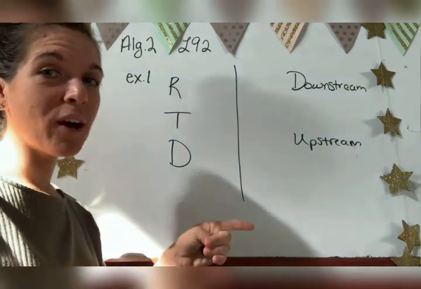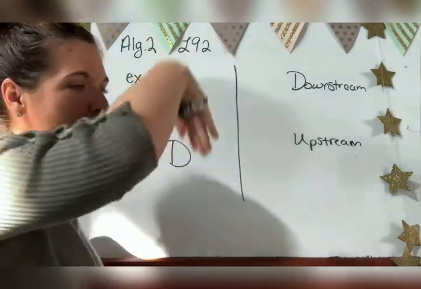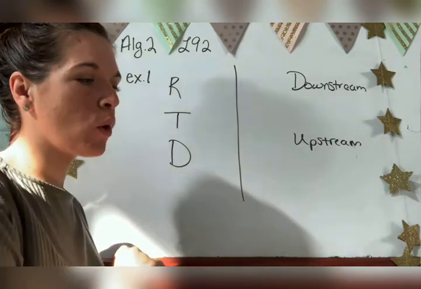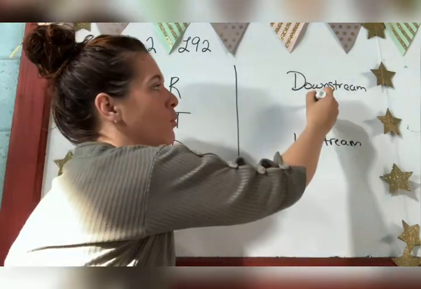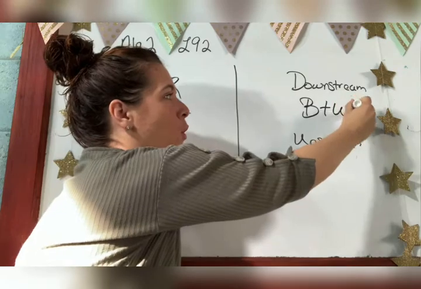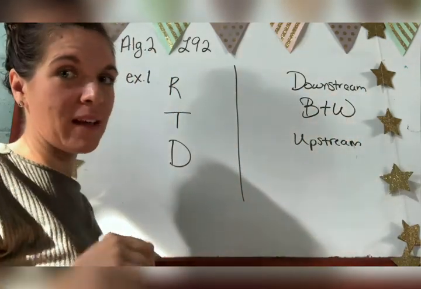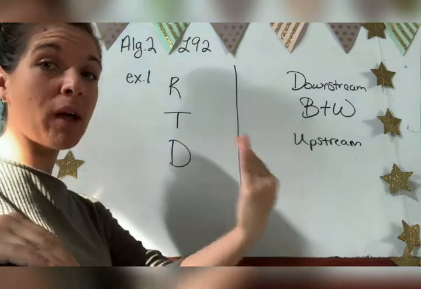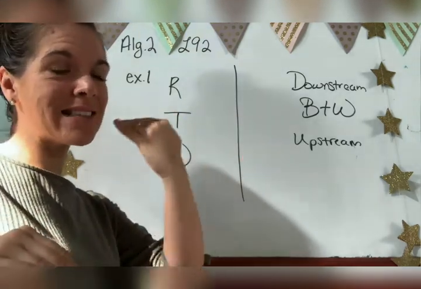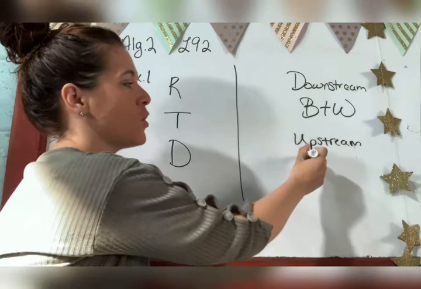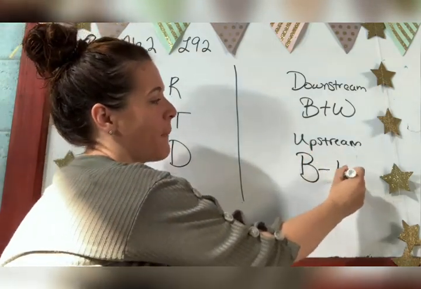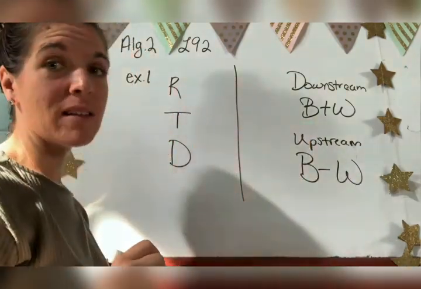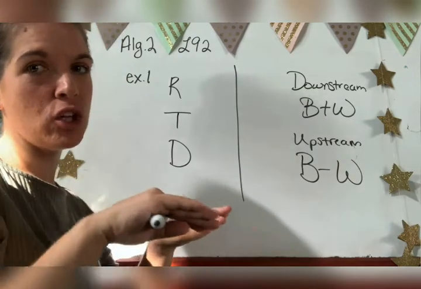But in the river, when you're going downstream, so with the corriente, your rate is going to be the boat and the water's rate, because they work together to get you down the river faster. But if the boat is going upstream, against the current, then you have the boat's rate minus the water's rate, because the water's working against you, okay?